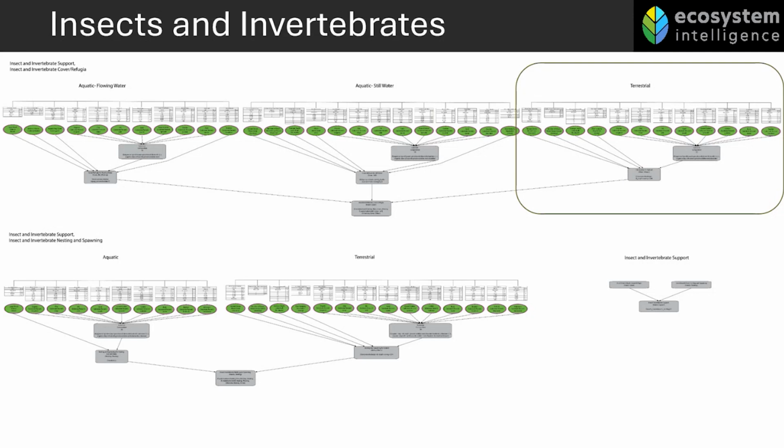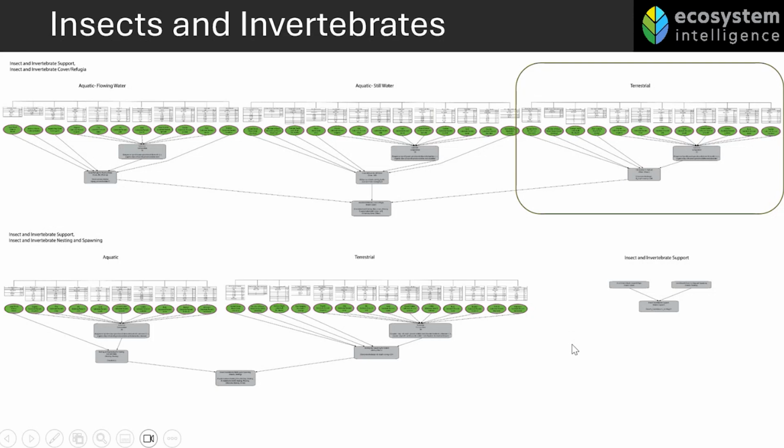And as you can see, we do this for flowing water, still water, or terrestrial, depending on which environment we're looking at for a given survey unit or a given area that we're investigating. It'll get routed into one of those three, and then whatever the final output score for that particular habitat, for that particular life history stage, gets passed out into the final insect invertebrate support score. And that's what we see in the bottom right corner here.